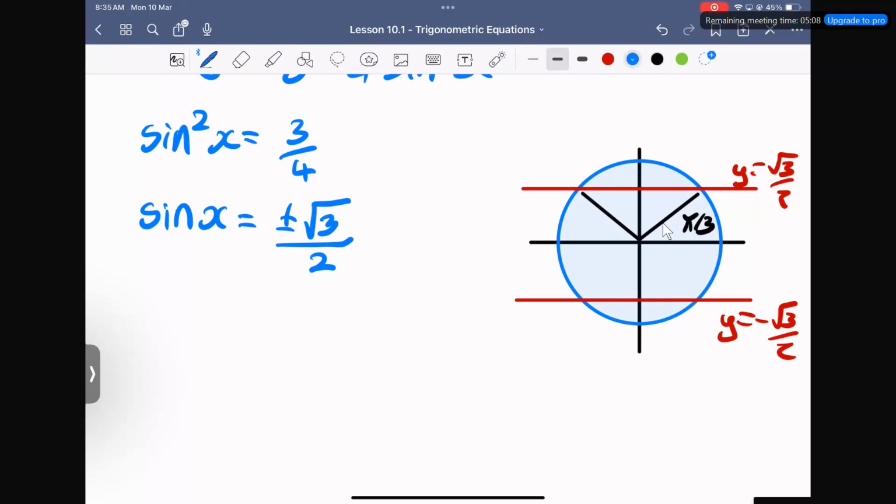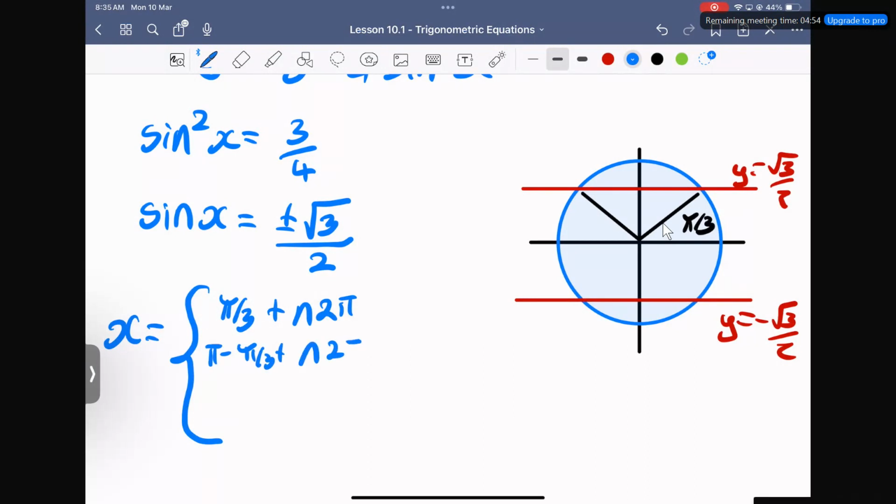So our solutions are going to be x is equal to, it's going to be tons. We've got pi over 3 plus n 2 pi. We've got pi minus pi over 3 plus n 2 pi. We've then got this one down here. What one could this one be?